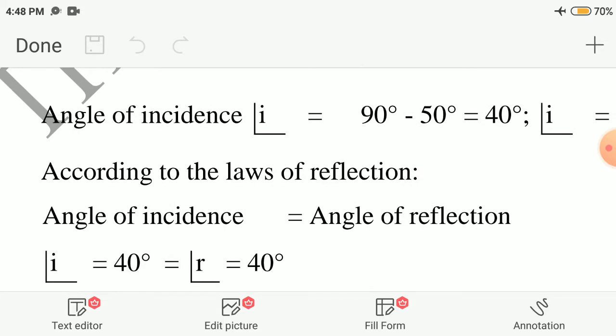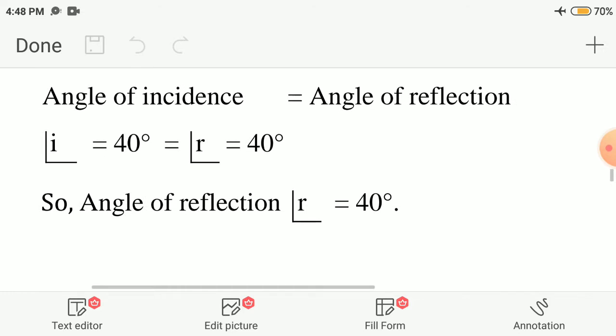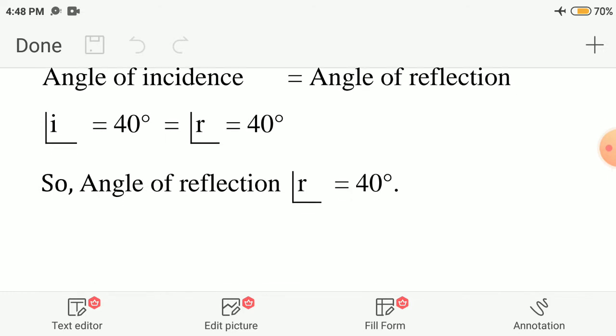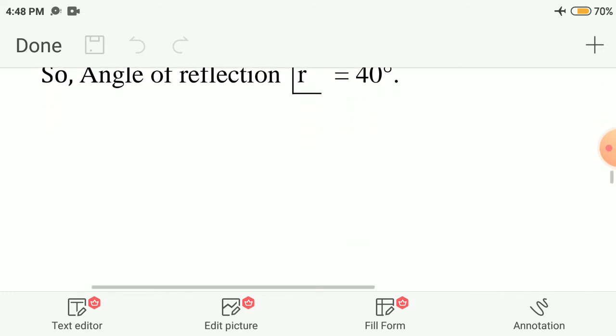According to the laws of reflection, angle of incidence equals angle of reflection, so i equals r. Angle of incidence is 40 degree, so the angle of reflection r is also 40 degree.